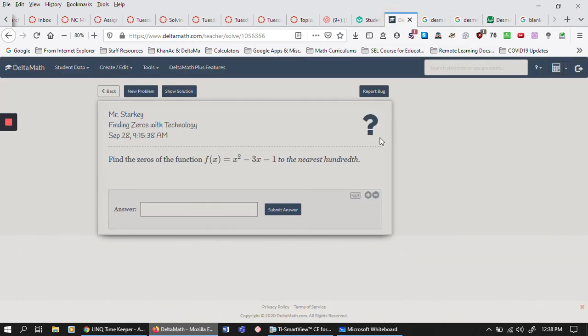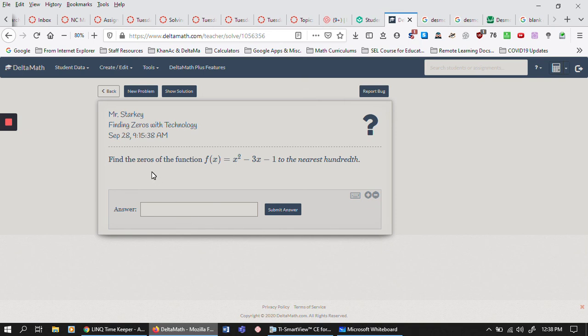And so, if you're on Delta Math, the Delta Math problems that I've assigned here say find the zeros of the function. What I didn't tell you yet was that these x-intercepts for quadratic equations, another name for them is zeros.